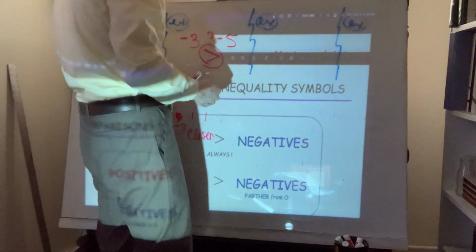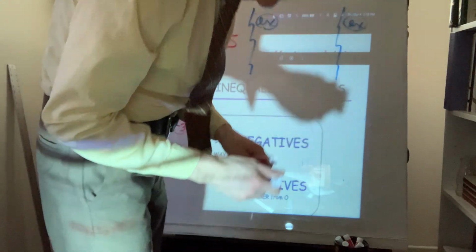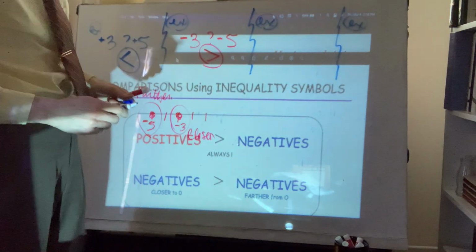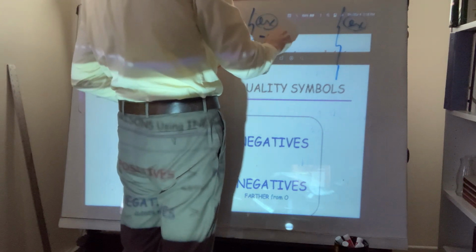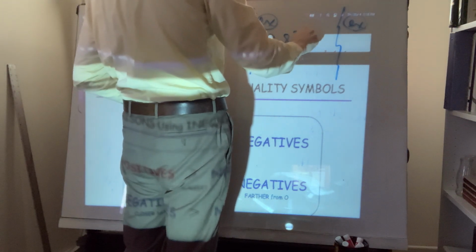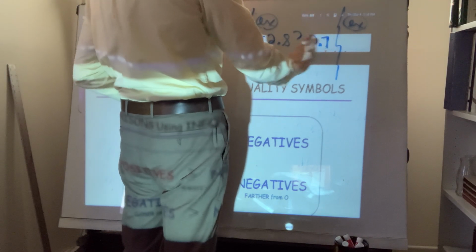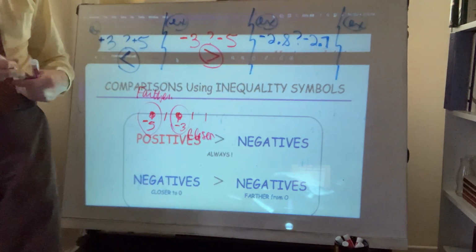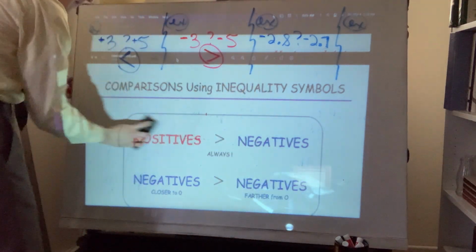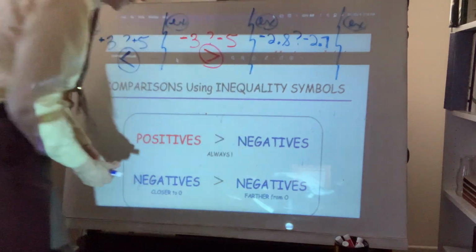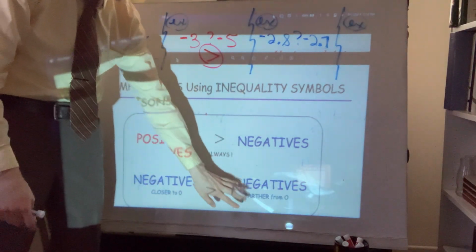If you had this scenario, negative 2.8, a decimal number, compared to another negative 2.7. This one is a little bit trickier because you're dealing with decimals at this point, but the relationship is still true. The negatives closer to 0 are greater than the negatives farther from 0.